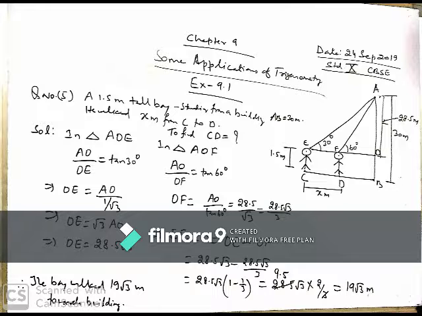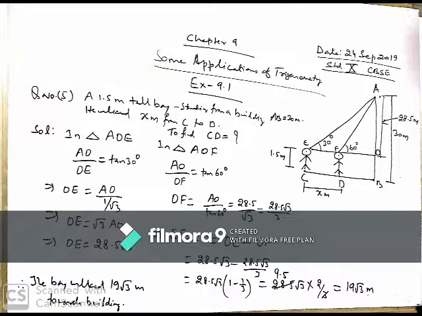Now OF we have already solved, and we have to find the distance. So now we find EF, which is also equal to CD. EF or CD is equal to OE minus OF. We have OE, that is 28.5 root 3, and OF, that is 28.5 root 3 divided by 3.